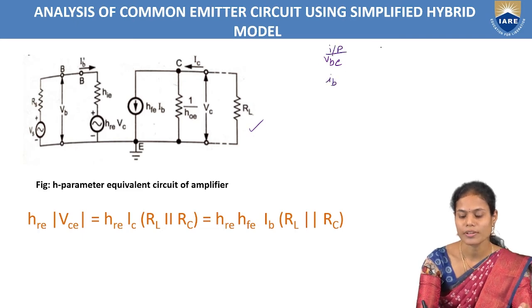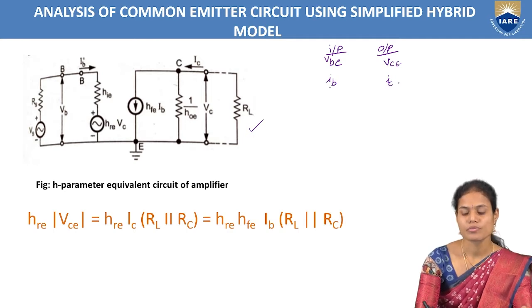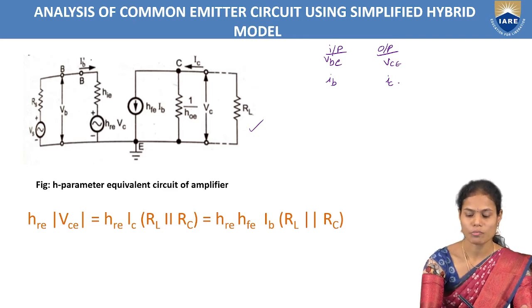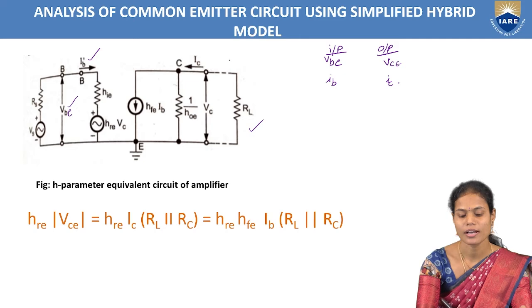Similarly, the output voltage is VCE and the output current is IC. We indicate these four parameters across the input side and the output side of the amplifier: IB is the input current, VBE is the input voltage, IC is the collector or output current, and VCE is the output voltage.